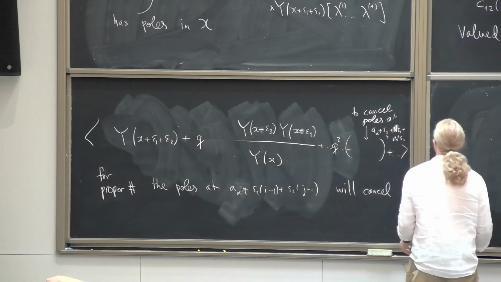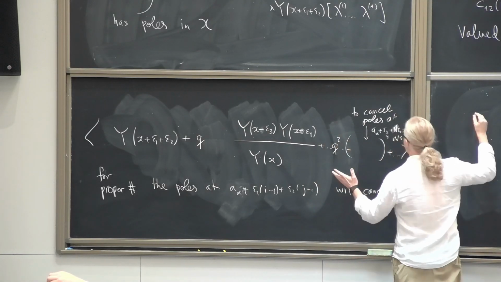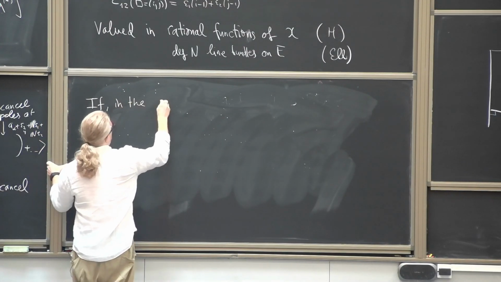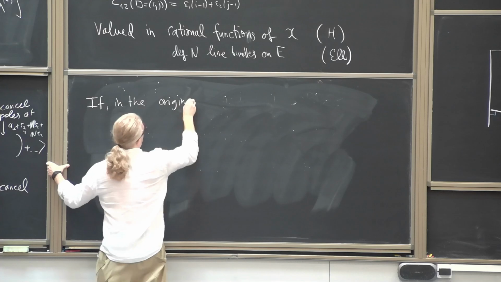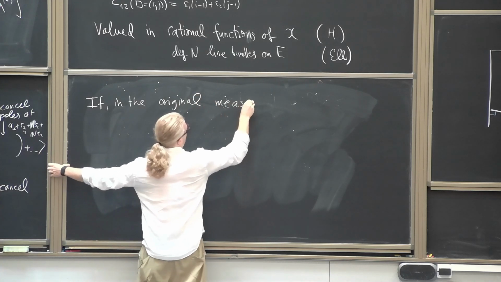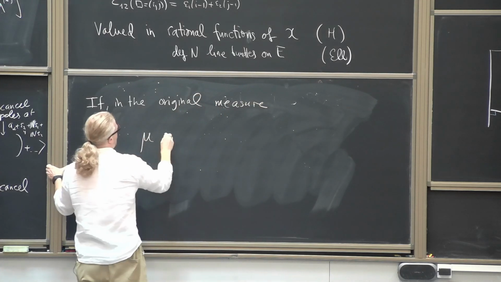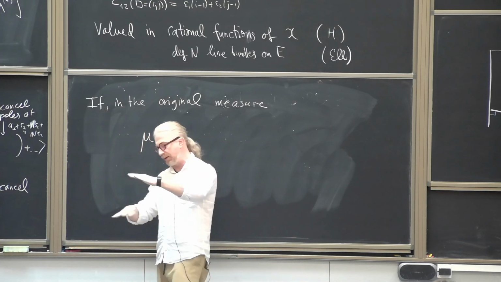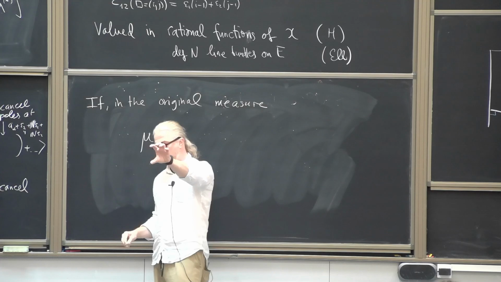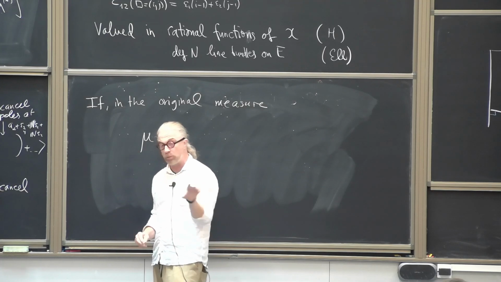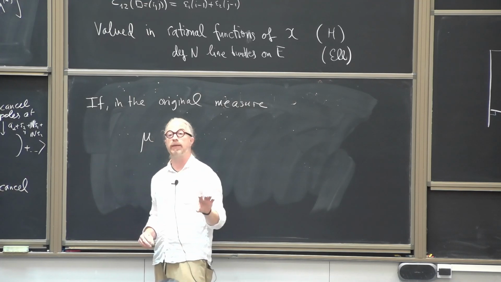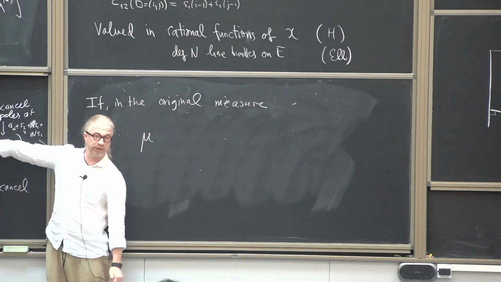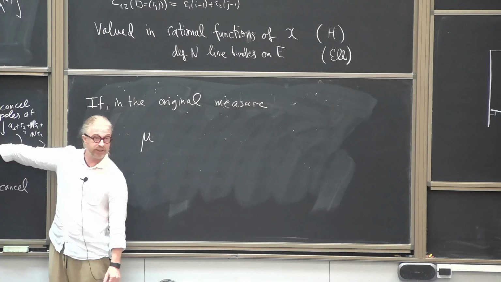But it's true that, okay, maybe I should say that if in the original measure mu, instead of the numerator being exactly the denominator with arguments shifted by epsilon 3, my numerator was something else, like a polynomial, then this procedure would have stopped at the second step.